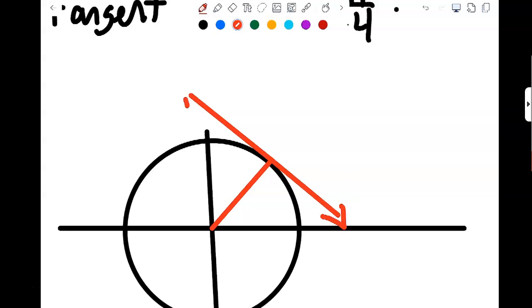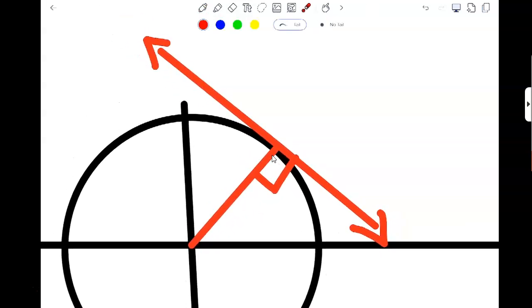Now, I can actually explain and demonstrate that this tangent line on the circle has to have a slope of negative 1 without even finding any points. We can do that in the following way. Remember that the tangent of pi over 4 is 1.